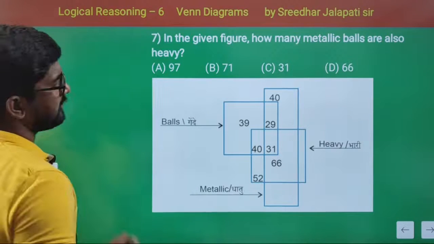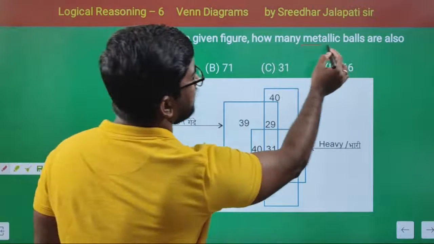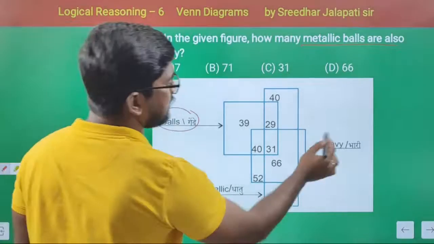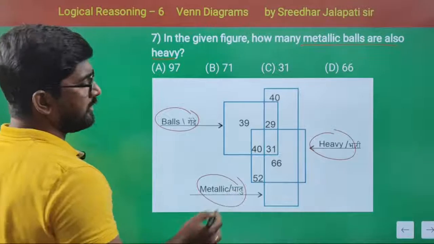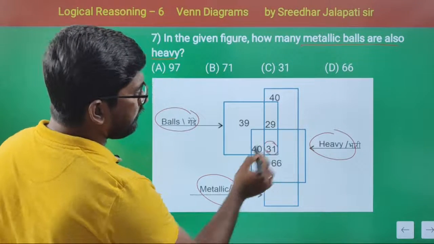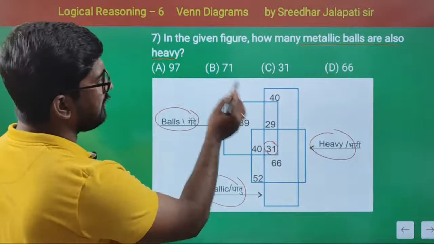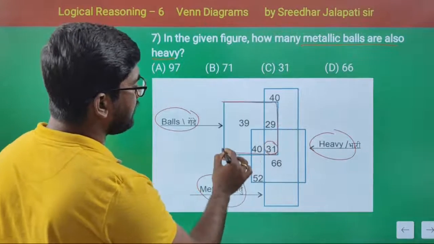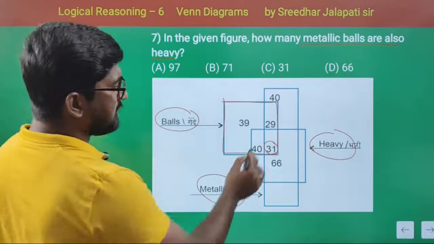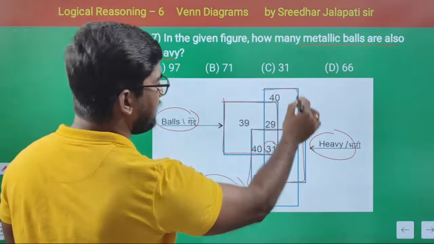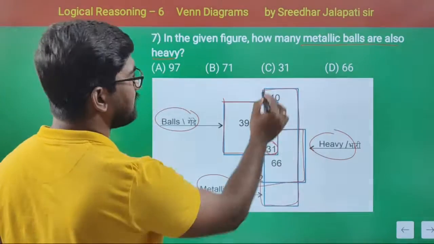Okay, let's see what is the answer. So metallic balls are also heavy. Balls, heavy, metallic. We want the intersection of all three. So this 31 is in all the three. 31 is in the balls circle. This 31 is in heavy also, and this 31 is in metallic as well, right?